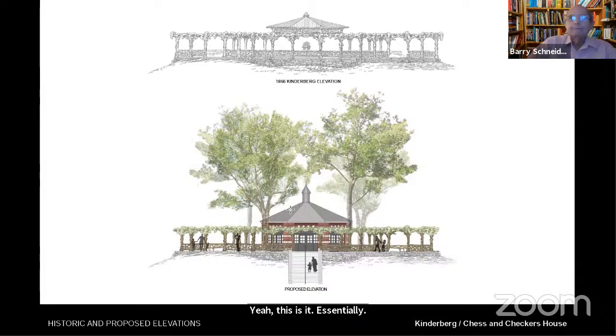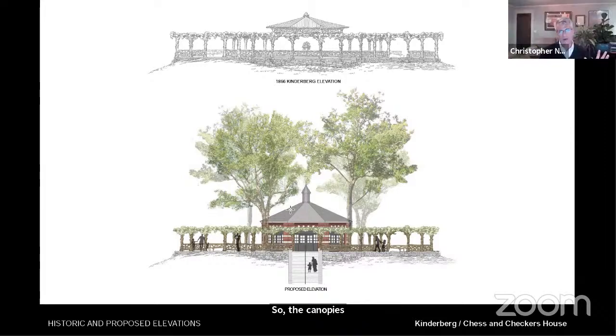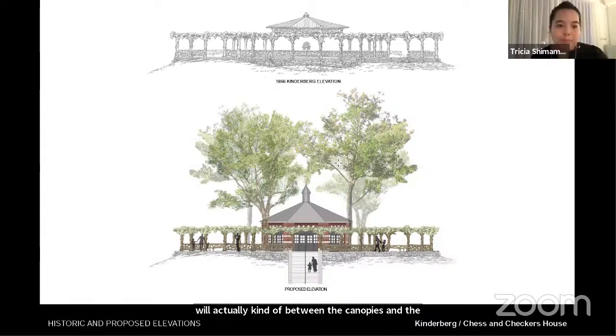With the canopies of the trees and their scale, the Chess and Checkers roof is somewhat referential to what was there historically. The building is there. It's its own layer, providing a public amenity and the restroom. Between the canopies of the trees and the actual rustic structure, we think it will really scale that down considerably. Great.